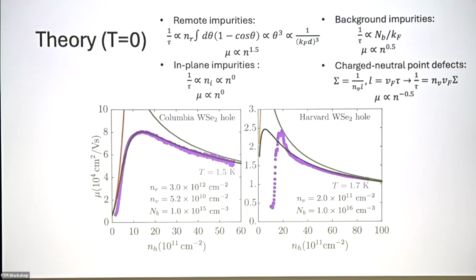In my calculation, I just set it as the lattice constant squared. Also, if I use this theory, I predict a vacancy density in agreement with what James Hone and Fereidoon saw, roughly between 10^10 and 10^11.